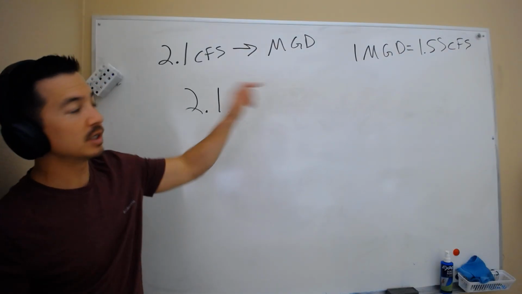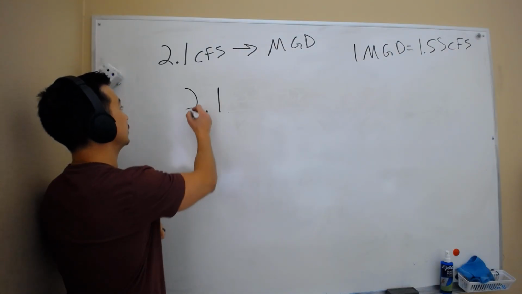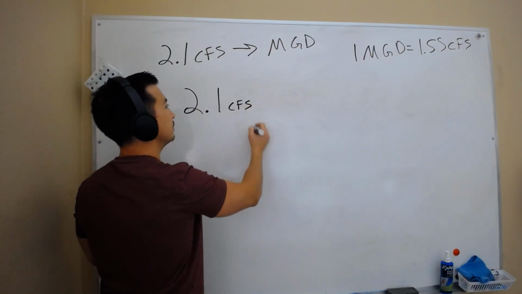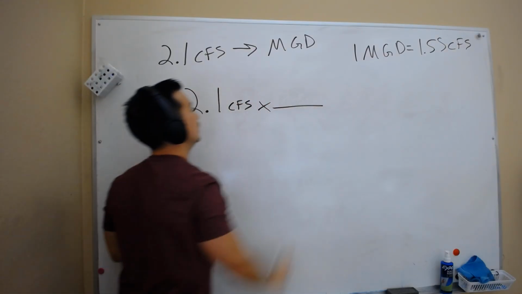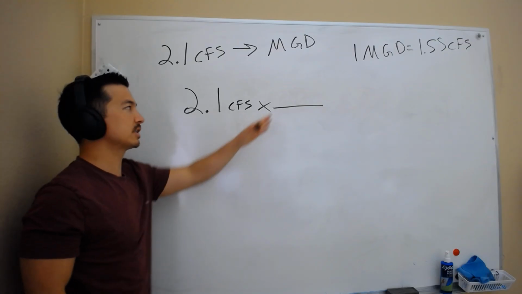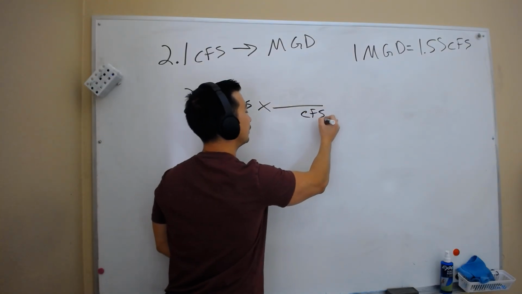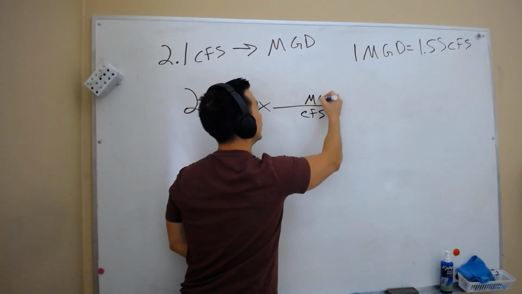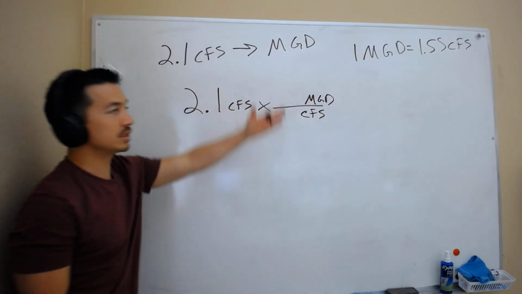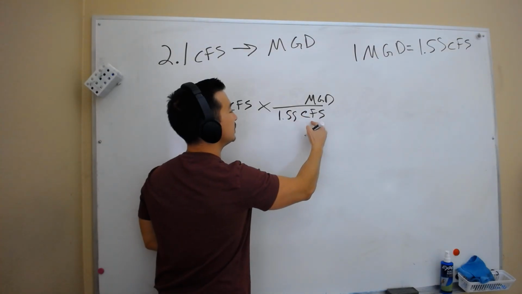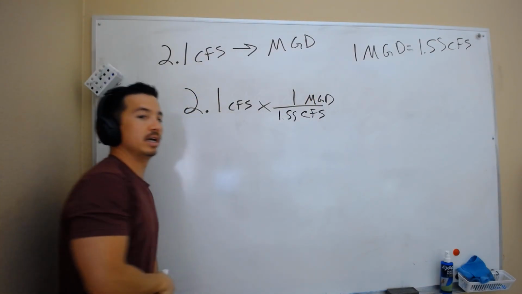So what does it mean? It means we can use that as a unit conversion. So if I've got this 2.1 CFS and I'm trying to convert, if I'm going to get rid of CFS, is it going to go top or bottom? CFS is going to go on the bottom. I'm trying to bring in MGD, and using this conversion right here, I know there's 1.55 CFS for every 1 MGD.